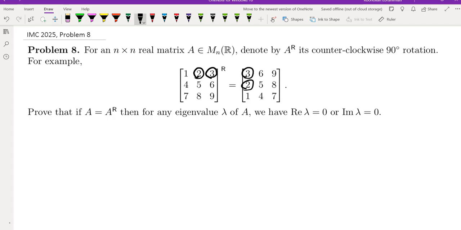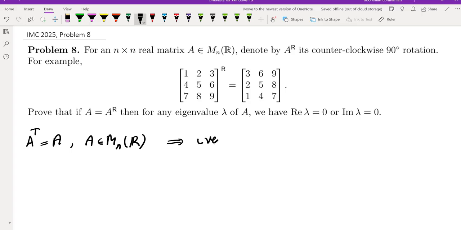The first thing is I have something similar to this that I have seen before, and I'm going to remind you of those. And that is, if you have a matrix A that is a symmetric matrix, then all of the eigenvalues are real. This is only for real matrices.